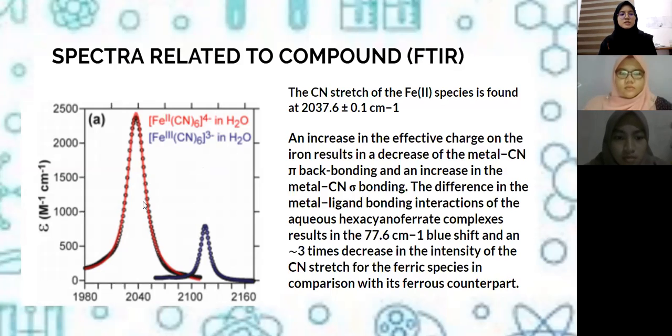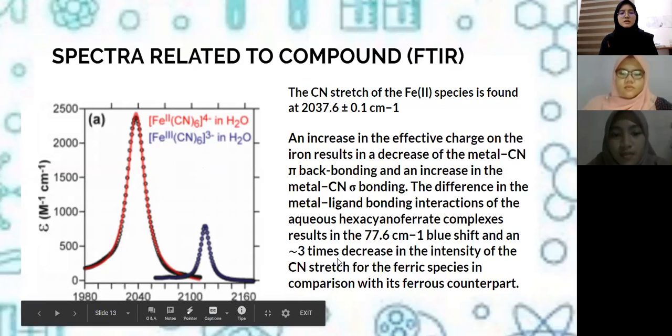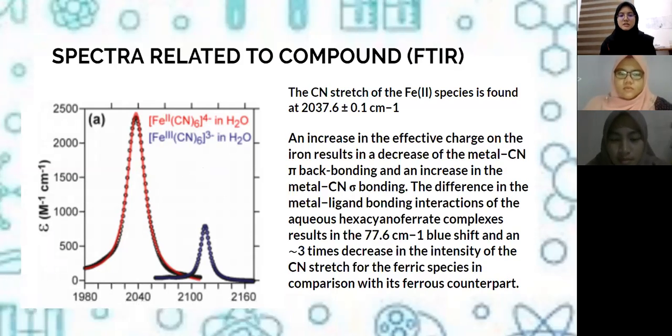The first peak, which is the red peak, can be found at the 2037.6 wave number, and the second peak can be found at 77.6 wave number shift with about a 3 times decrease in intensity.